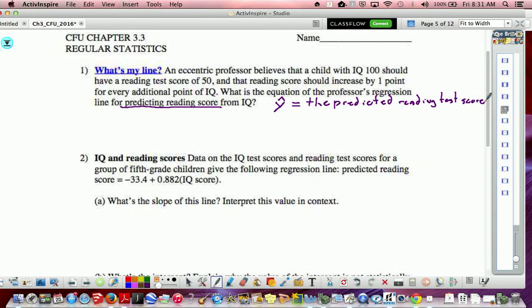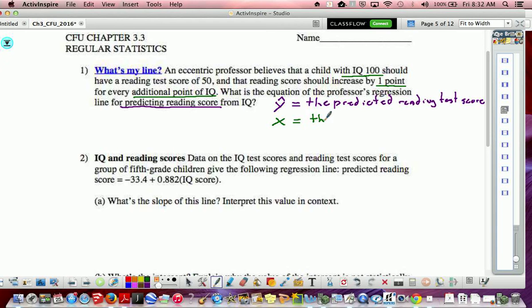Now, for my x value, what am I using to predict the reading test score? I am going to use the IQ. So basically though, it's the number of IQ points, since he's saying for 1 point additional, we're starting at the 100. So it's going to be important that I note that, because when I come up with my equation, it's going to be starting a little bit different here.